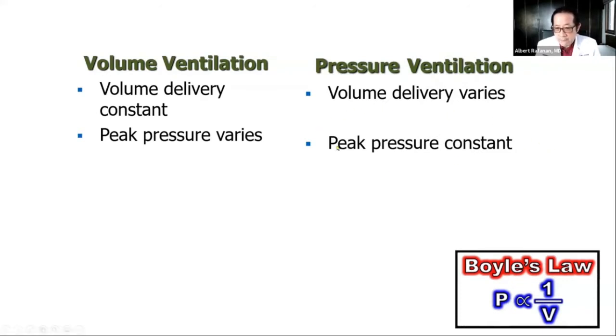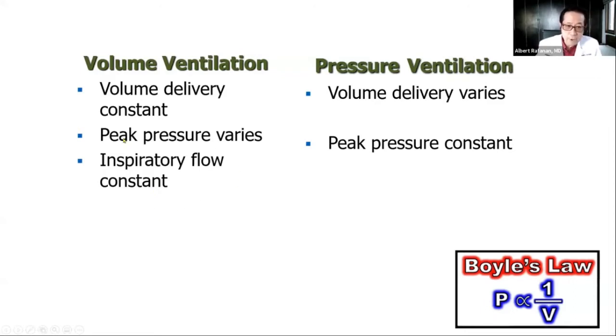The independent variable is pressure for pressure control, while in volume ventilation, the independent variable is volume. So you can see with volume ventilation, the peak pressure will vary, while in pressure ventilation, the volume delivery will vary because that is the dependent variable.